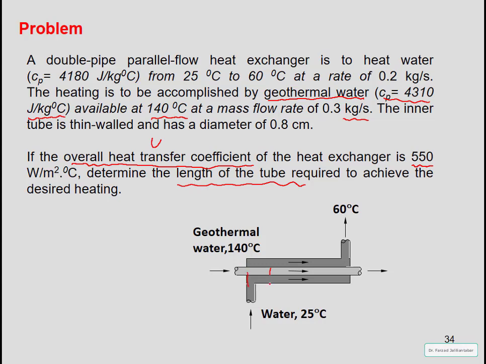So if we call this L, we are interested to find this L for U equal to 550 watt per meter square degree Celsius. Okay, so how can we find this L?